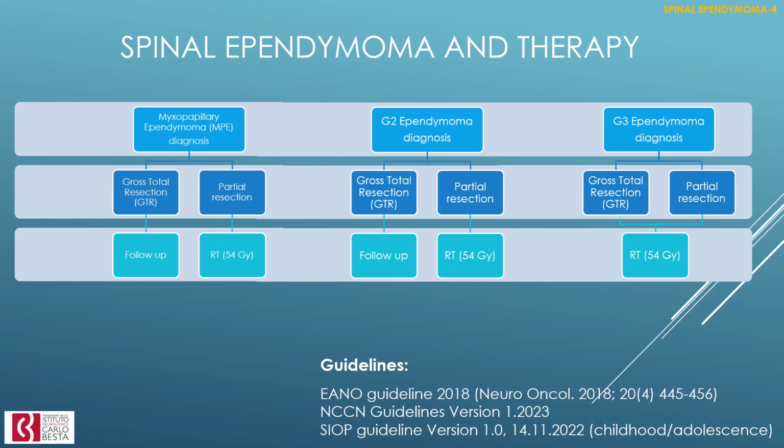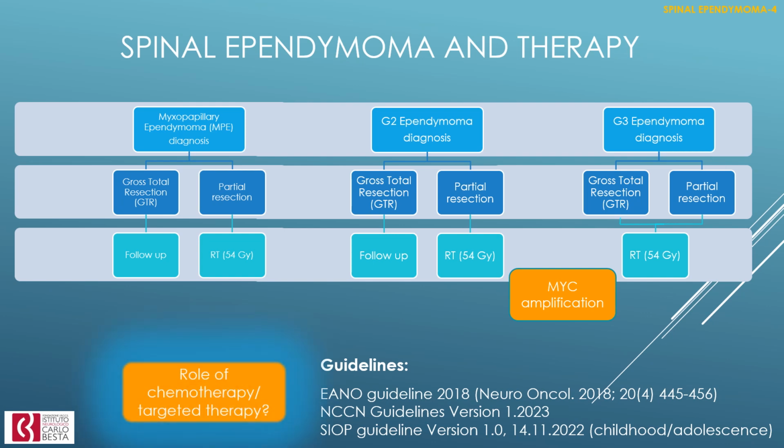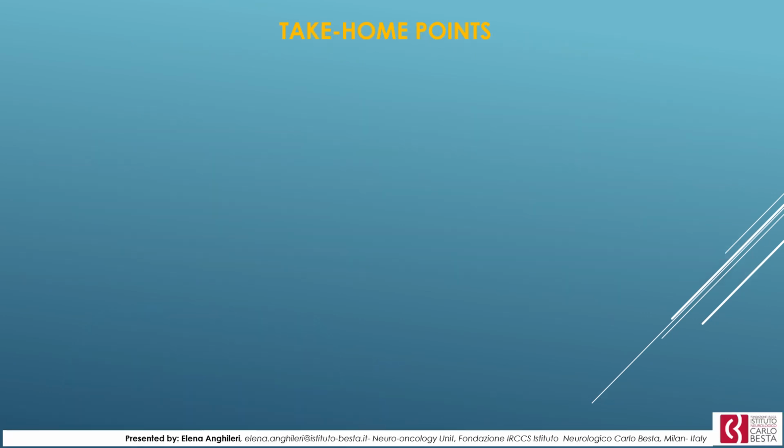Here are summarized the guidelines about ependymoma therapy, and I'd like to stress that the main challenges are about MYC amplification, how to address this subtype of tumor, and what role chemotherapy and targeted therapy have. The take-home messages are that spinal cord tumors are classified by location.